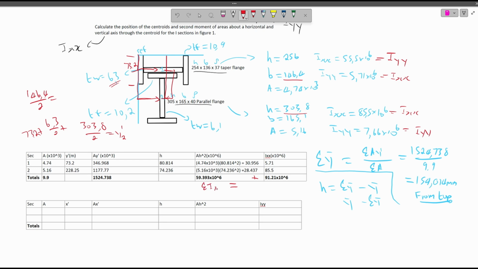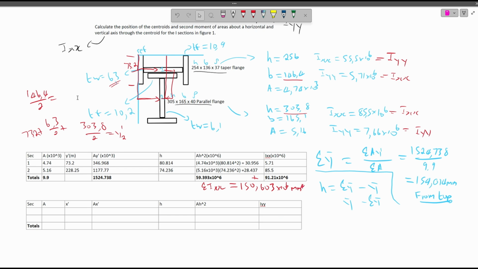Your sum of Ixx: 59.393 plus 91.21. It's 150.603 times 10 to the 6 millimeter to the 4.